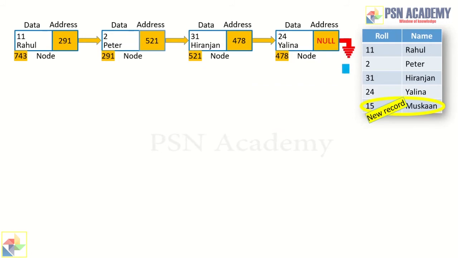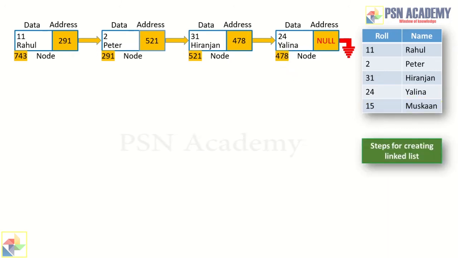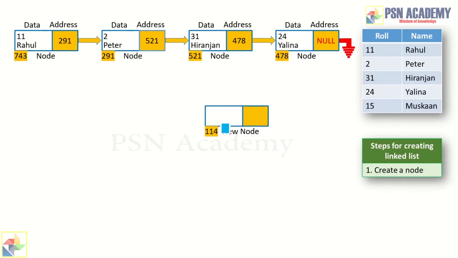Now we have a new record here, and we want to insert this new record as a fifth node in this existing list. So there are three steps. First, create a node. You notice the address here, 114. It has been a randomly selected vacant location.